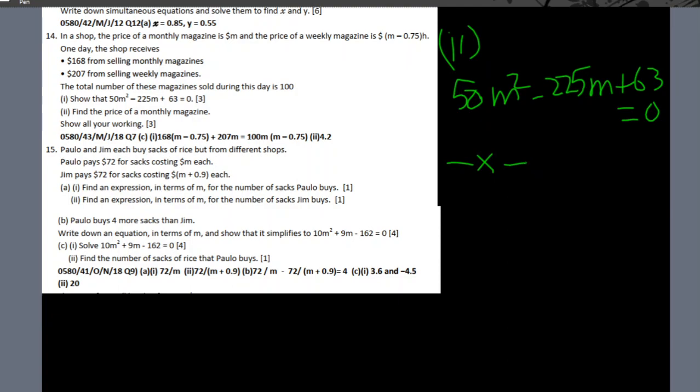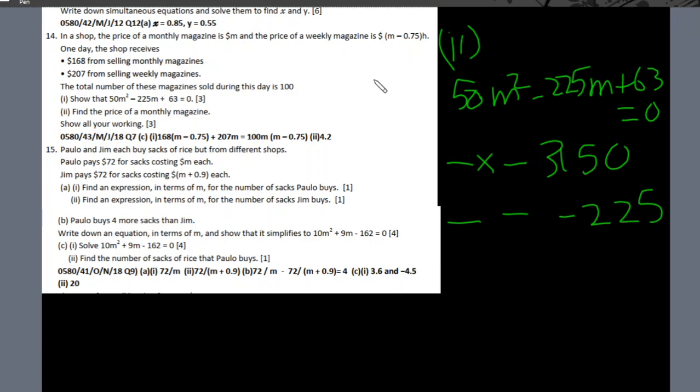So we're looking for two numbers which when multiplied should give 50 times 63, which is 3150, and when added should give minus 225. So what could be the combination?